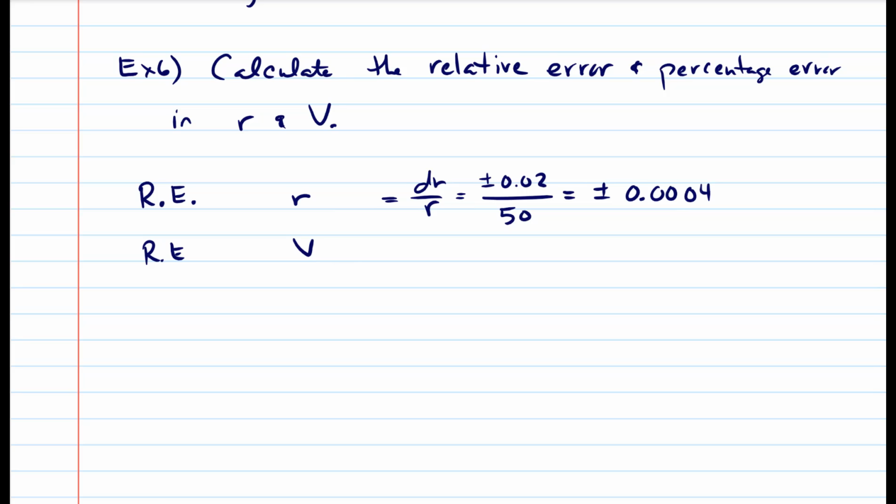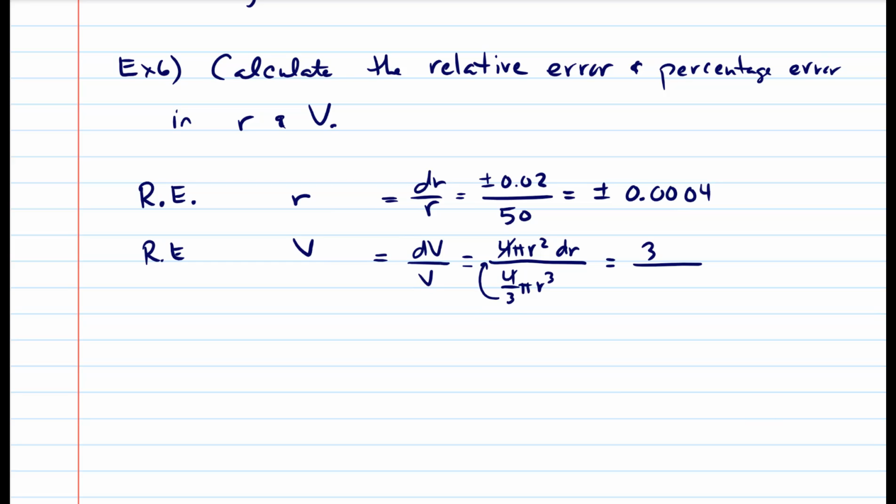Let's do the volume. The relative error for the volume is dV over V itself. Instead of putting in numbers, let's take the derivative and then use the formula itself. The 4's are gone because they cancel each other. The 3 goes on top because it's the denominator of a denominator.